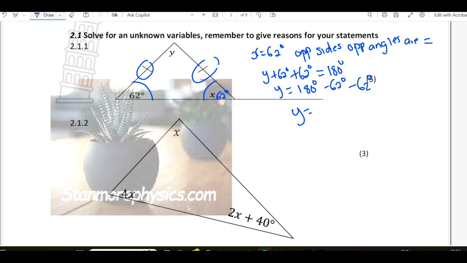Therefore, y, let's quickly use the calculator. Minus 62, and the answer is 56 degrees. Reason: sum of angles on a triangle.